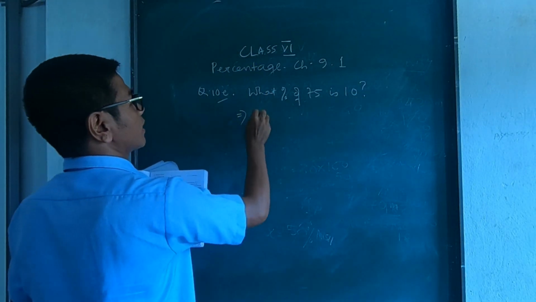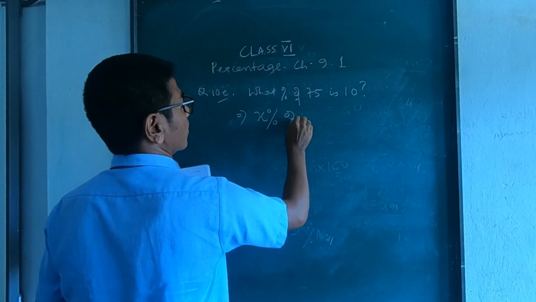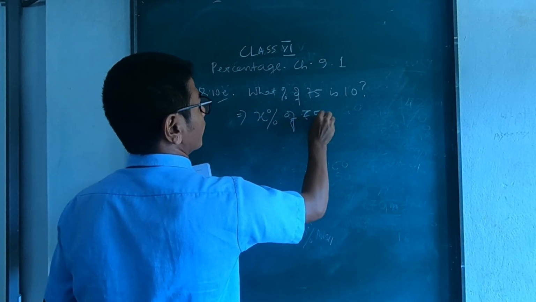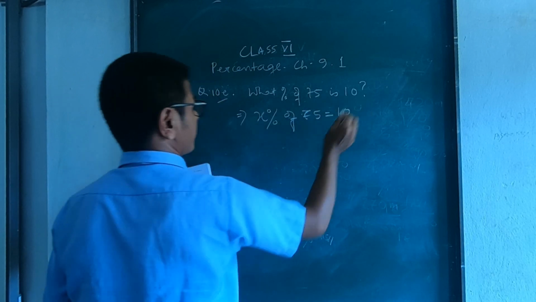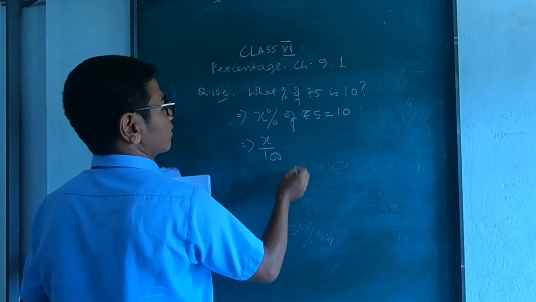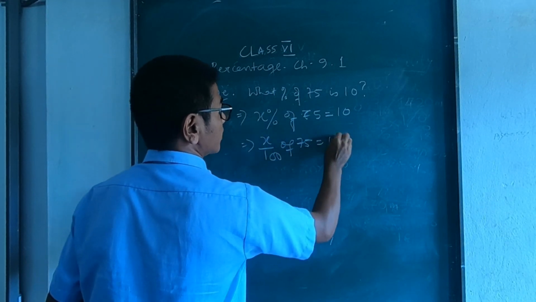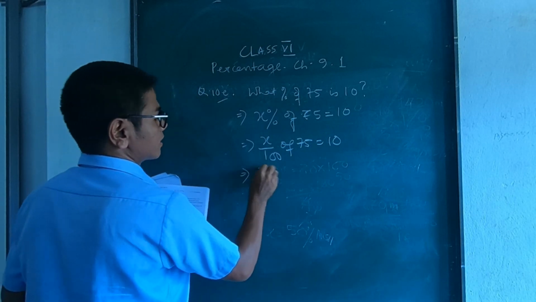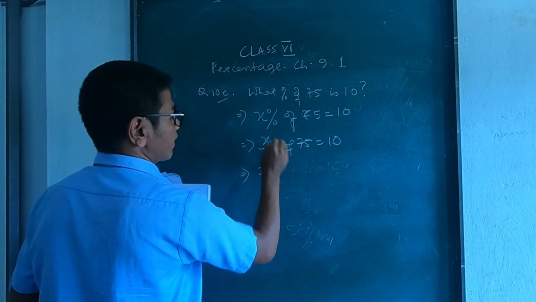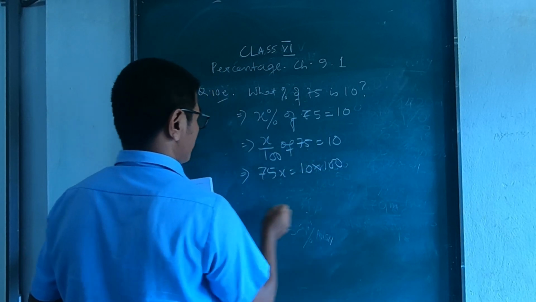We don't know the percentage. Let's write x% of 75 is 10. Thereby x by 100 of 75 equal to 10. We take it 75 into x equal to 10 into 100.